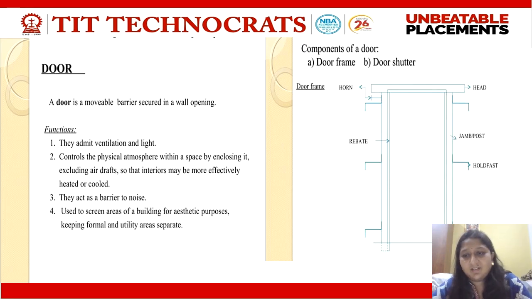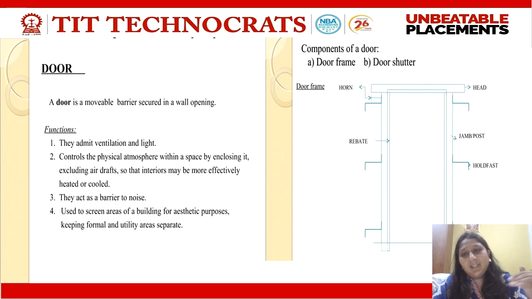As you can see, I've mentioned a few of the functions of doors. They admit ventilation. Yes, doors also give us light and ventilation. They control the physical atmosphere, because we can restrict the entry of wind and air into a room by closing or opening doors. They act as a barrier to noise.